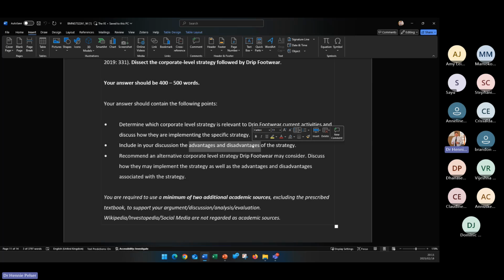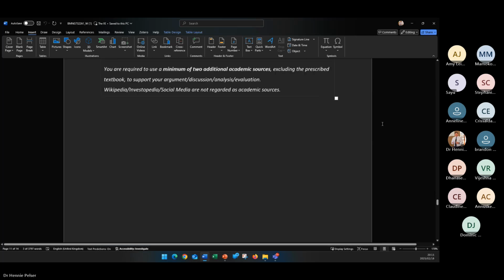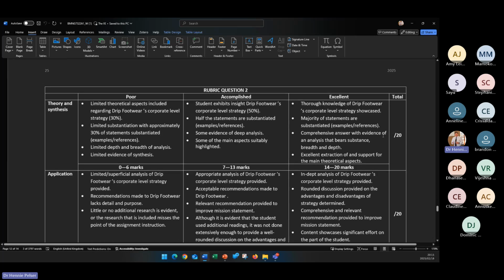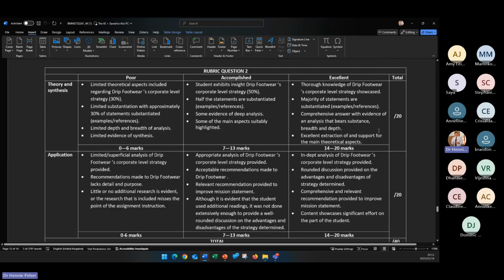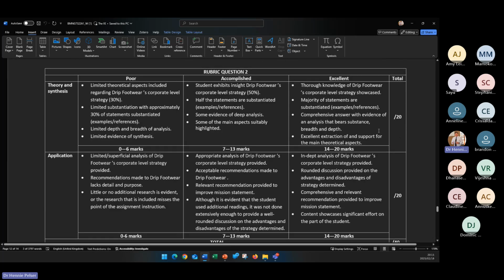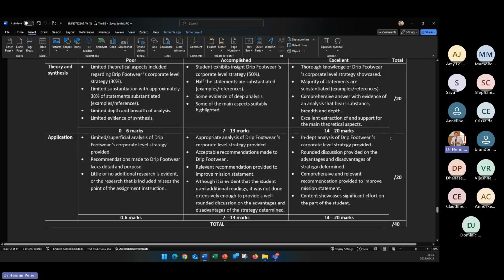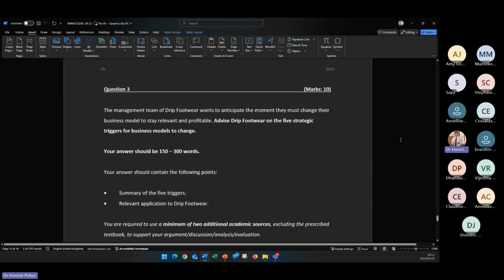You can use anything as long as you can argue your answers with evidence, okay? Again, you can see here 20 and 20. So here they've given us a little bit more recognition for the theory that we use, and then application also 20 marks.